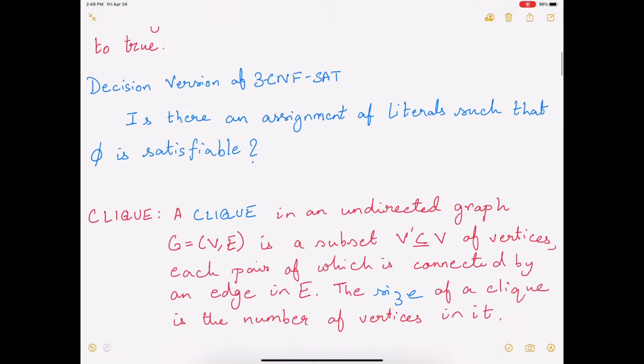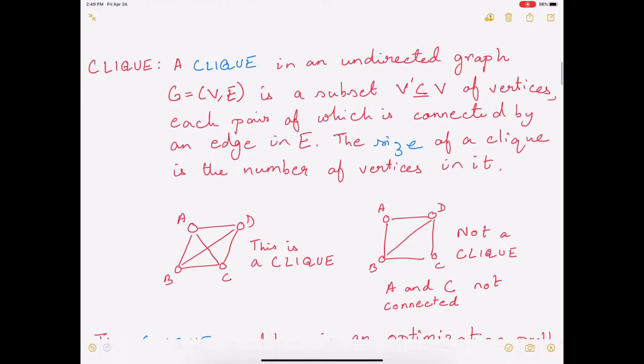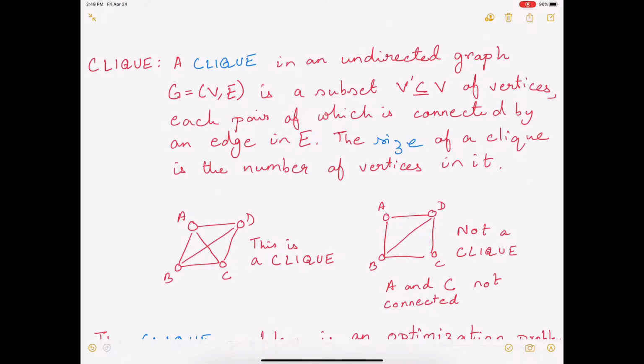Now, let's get to CLIQUE. CLIQUE is the problem that we want to show is NP-complete. So let's first try to understand what CLIQUE is. A CLIQUE in an undirected graph, which we represent with V comma E, V vertices and E edges, is a subset V prime of these vertices, and each pair of vertices in V prime is connected to each other.